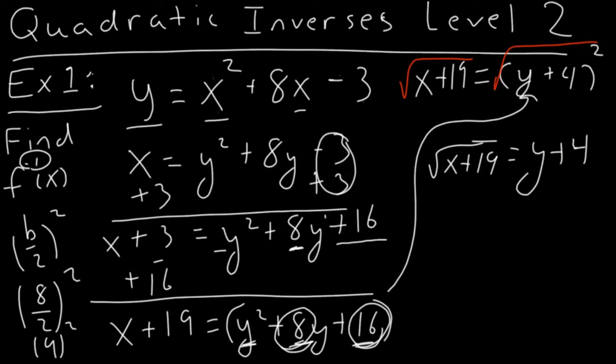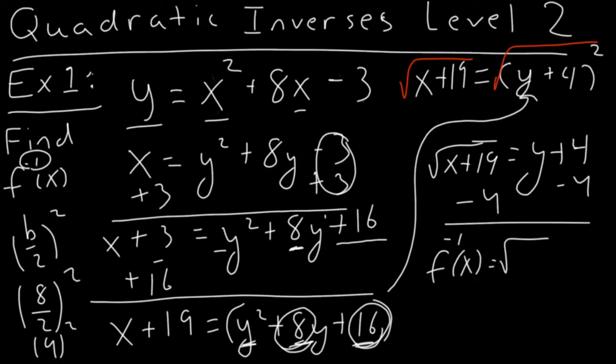Now we're one step away, and y'all are pros at this. In order to get rid of this plus 4, we have to subtract 4 from both sides. And remember, I'm always going to rewrite my y as f inverse of x equals the square root of x plus 19, and then outside of that, minus 4.